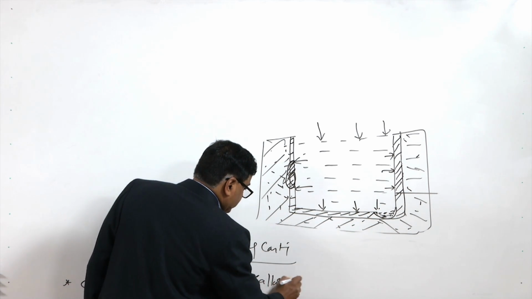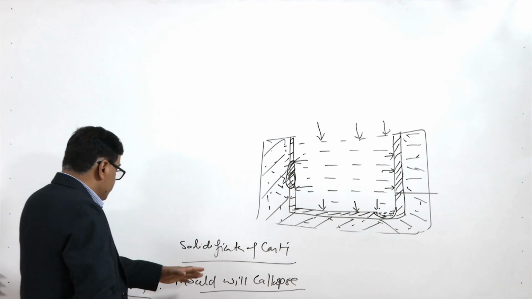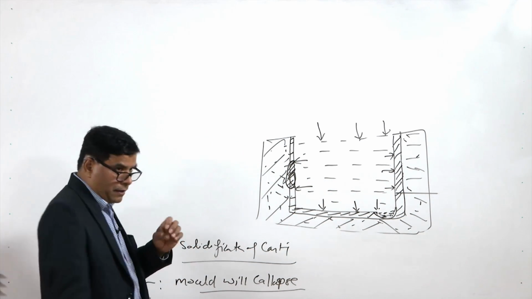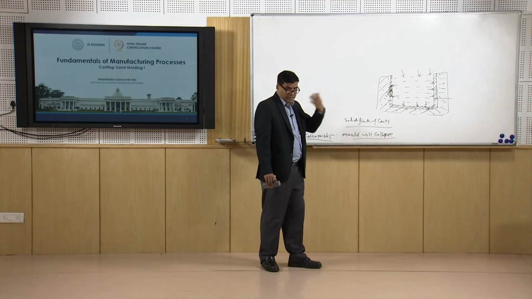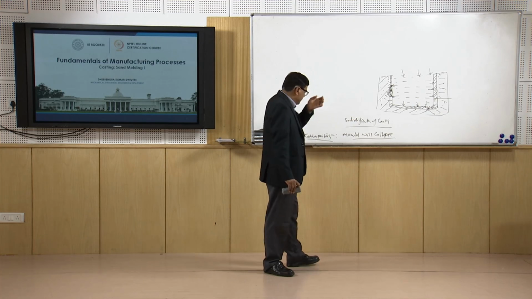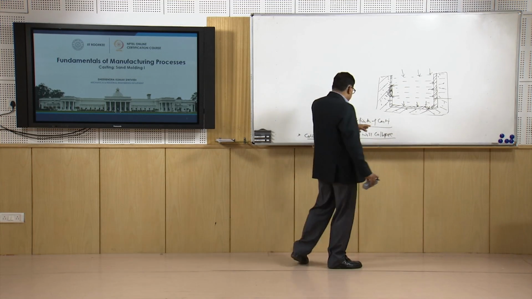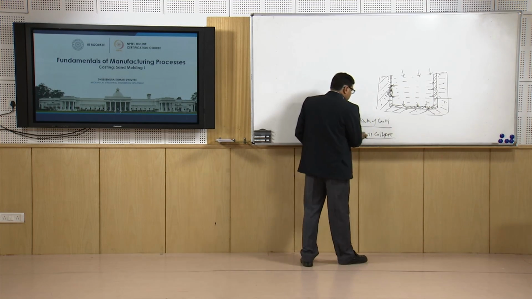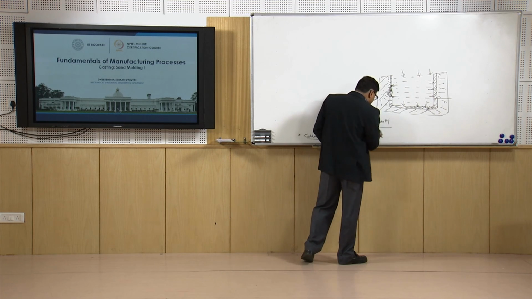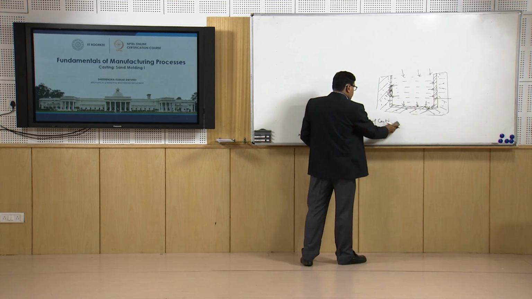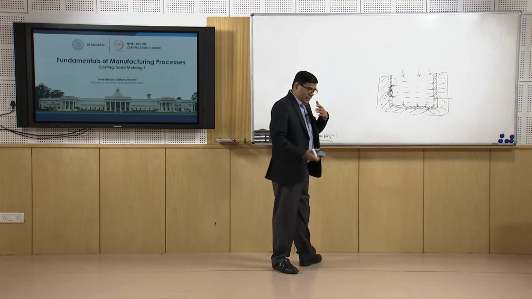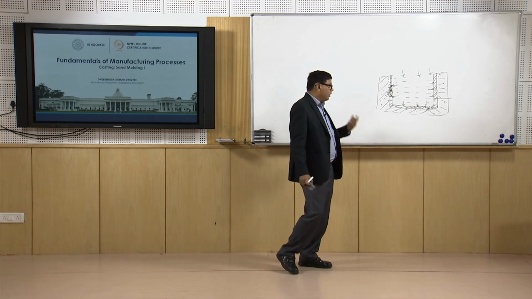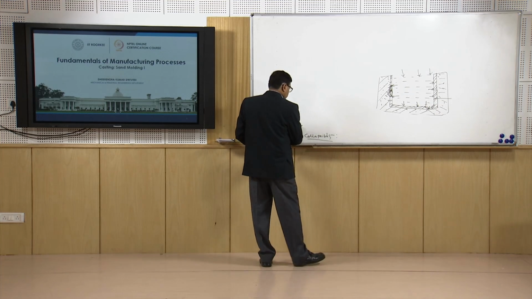The ability to collapse under either the residual stresses or externally applied stresses means the mold should collapse so that it eases out the residual stresses developed due to the contraction, and the casting is taken out of the mold easily after the collapse.